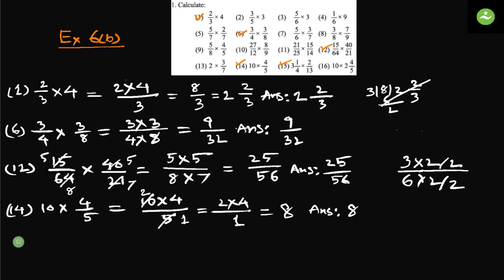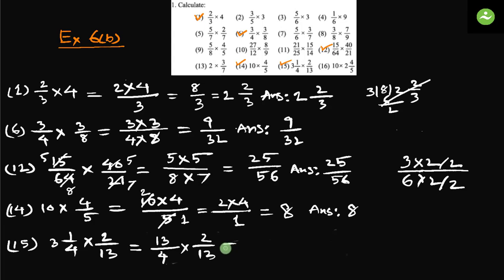Number 15. 3 and 1/4 into 2 over 13 equals to. We have to convert the mixed fraction to an improper fraction. 3 into 4 plus 1 is 13 over 4, into 2 over 13. Before we do the calculation, we will always try to reduce if possible.